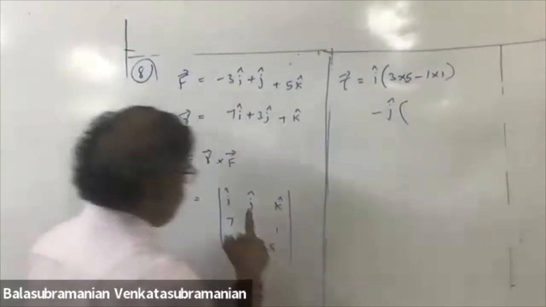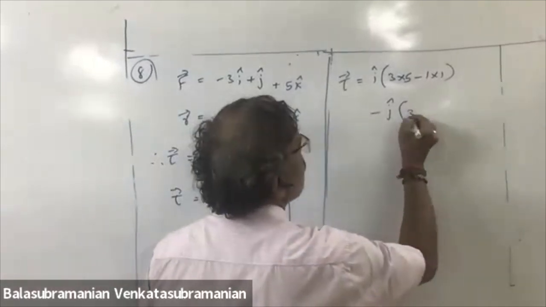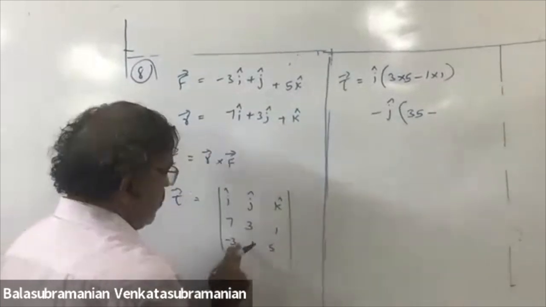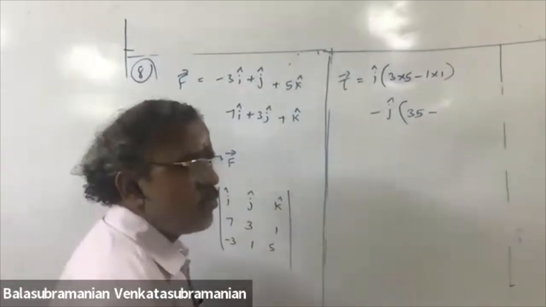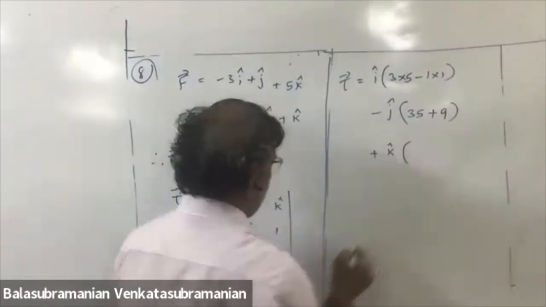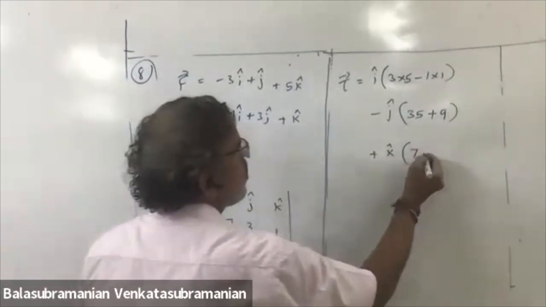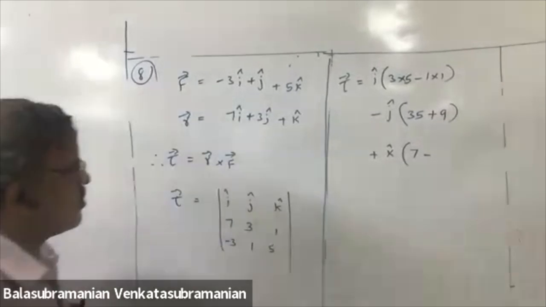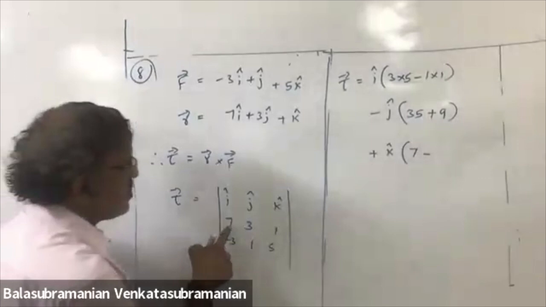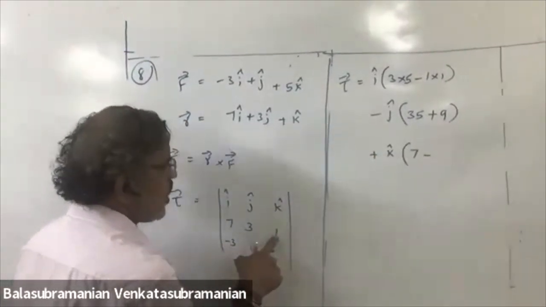Minus j. This column, this row: 7 into 5 minus 3 into 1, where the two minus signs become plus. Plus k into, this column, this row you leave it: 7 into 5, 35, then minus 3 into 1.